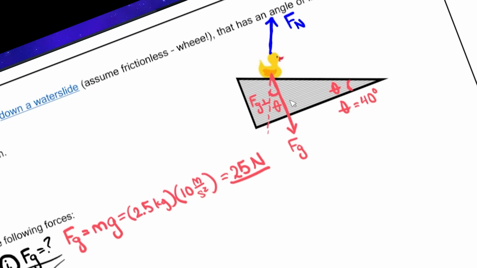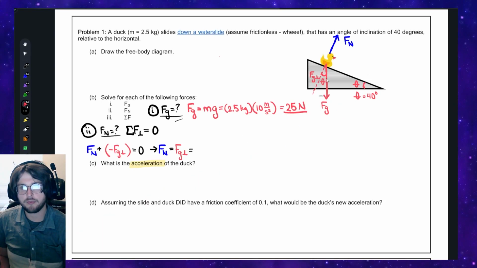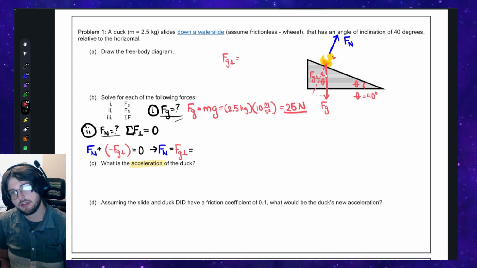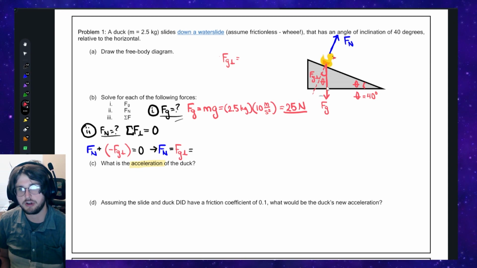And so just so we can complete the triangle here, let's say the other component, we want a right triangle, so this other component is going to be down and to the right like this. So perpendicular to Fg perpendicular, and it's going to be parallel to the surface. If that's the case, then Fg perpendicular over here is going to be the adjacent side of this right triangle that we've almost created with respect to this angle here.